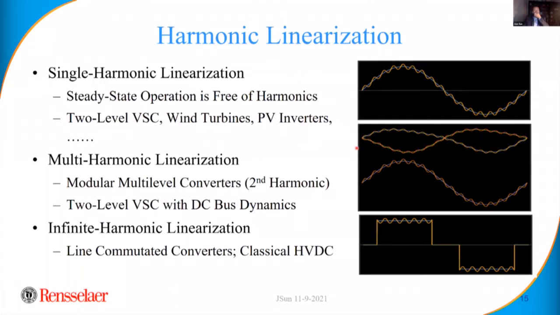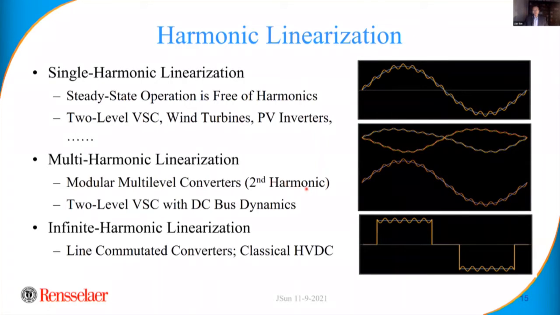But when you try to model modular multi-level converters, for example, the second harmonic cannot be ignored. Right? The second harmonic in the arm capacitor voltage is inherent, and that can also lead to second harmonic circulating current.